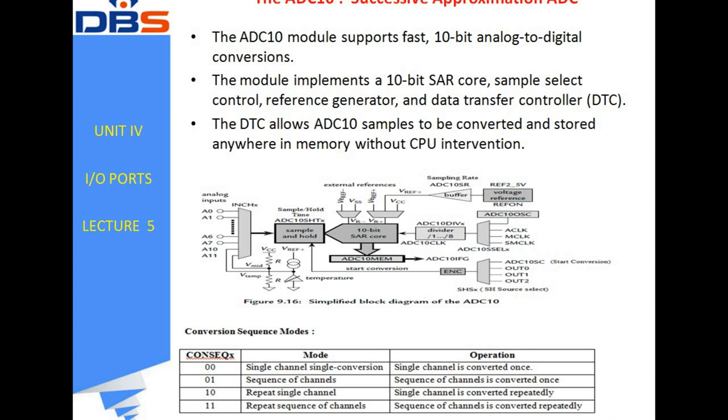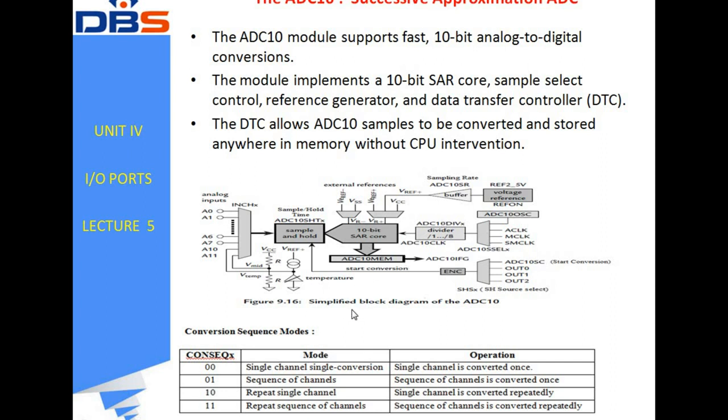All these are used to convert the given signal into a digital signal, and the data transfer control allows ADC10 samples to be converted and stored without CPU intervention. That means without interacting with the CPU, the converted data will be stored in the memory.